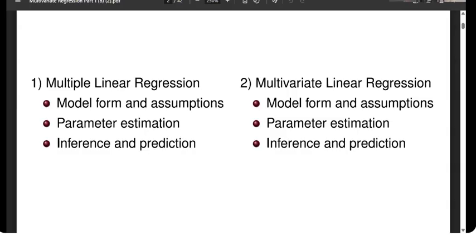So the assumptions will revolve around the unexplained part of the model. And if I really want to tell how good the model is, then we also need to investigate whether the assumptions are good. I'm also going to walk you through the statistical inference on the model. When I say statistical inference on the model, I mean how do we estimate parameters in the model and how do we test hypotheses in the model?